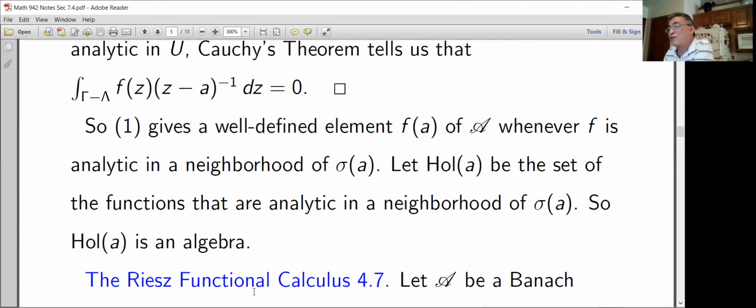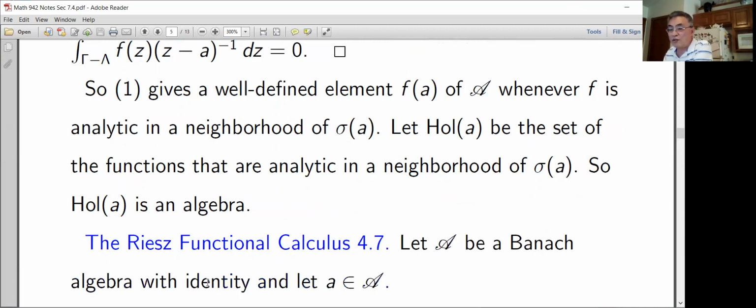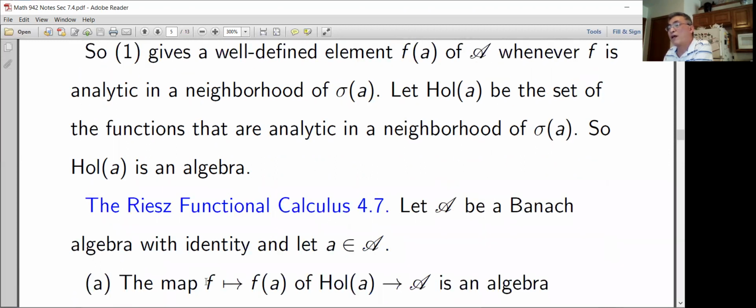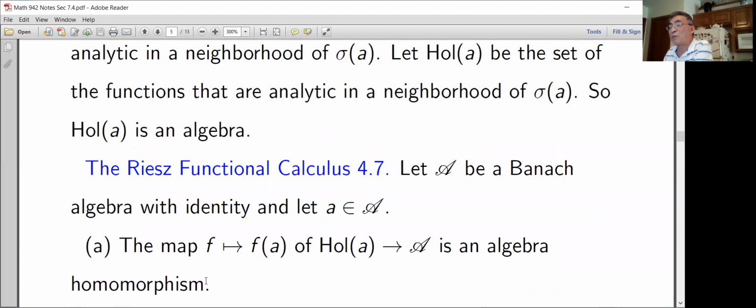Riesz functional calculus 4.7. Let script A be a Banach algebra with identity, and let A be in script A. Then the map F maps to F of A, from HOL of A to script A, is an algebra homomorphism.